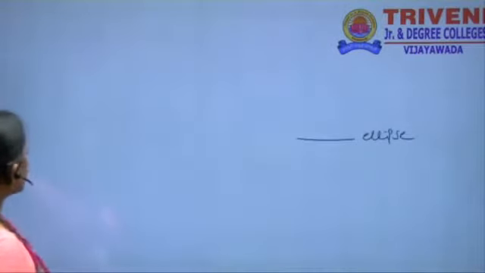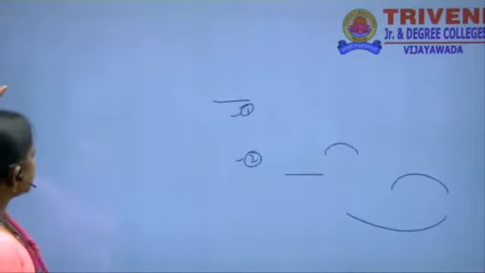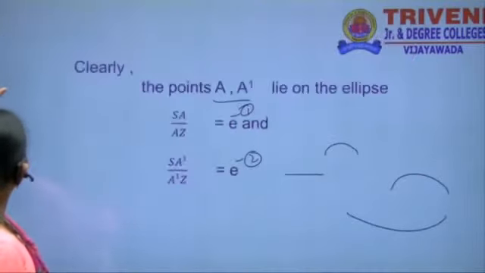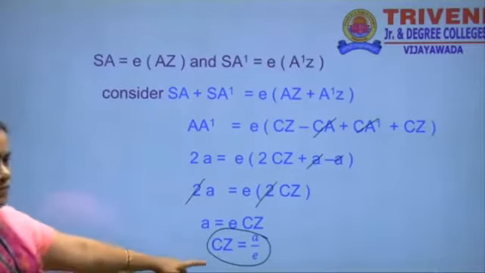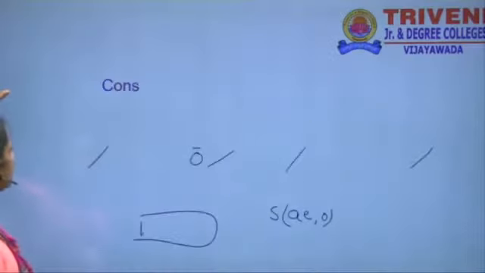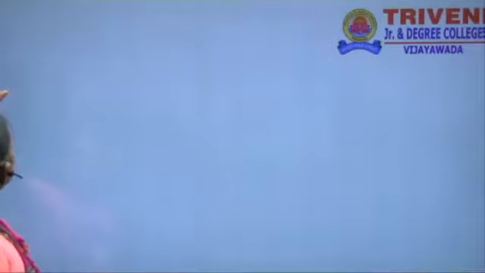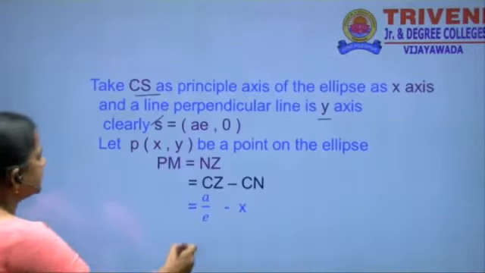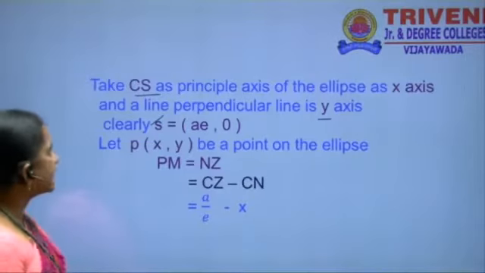Already the value of CZ is a by E and CN is equal to x. Then substitute the value here: CZ is equal to a by E and CN is equal to x.